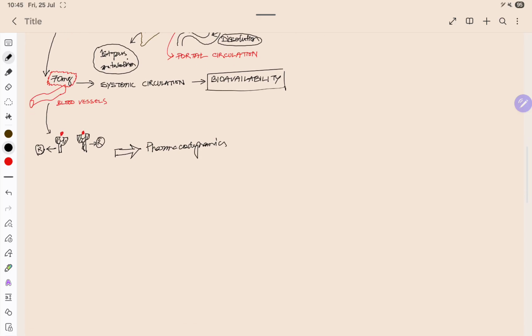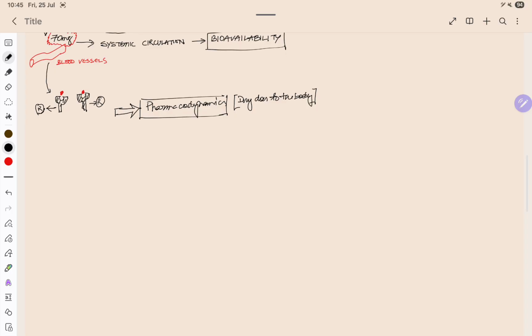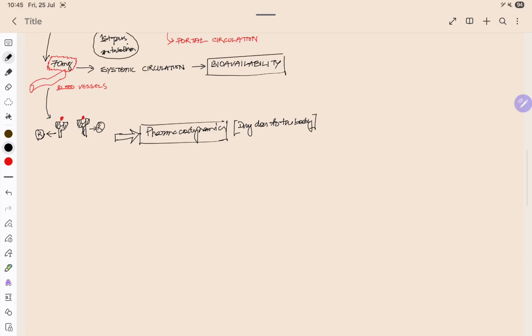Now, pharmacodynamics in short means what the drug does to the body. This itself is another separate topic. Now, after a drug has exerted its effect in the body, it has to be excreted.